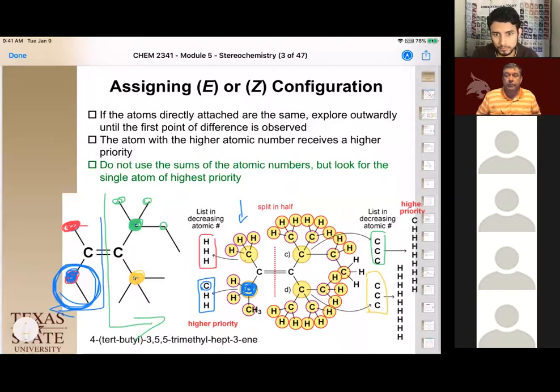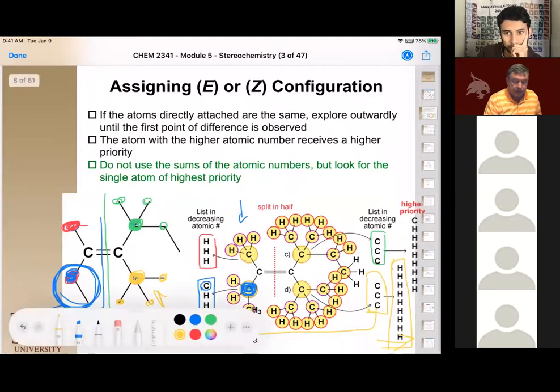So what do we do? We go 1 bond over again. If we go 1 bond over again on the bottom here, we have a carbon attached to hydrogens. All of these carbons are all attached to hydrogens. All right, that's our starting point. So let's go back and look at the other one right here.